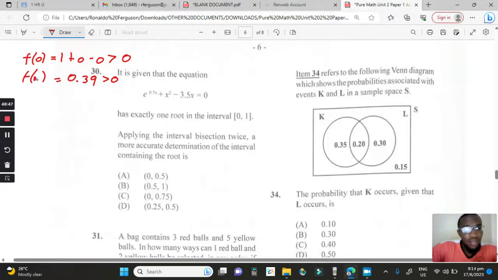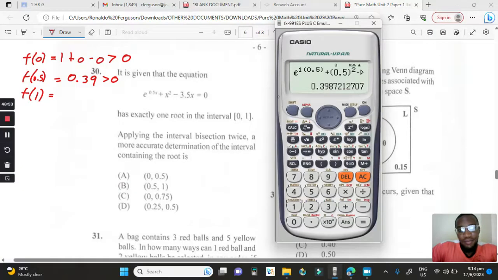That's the midpoint. And I'm going to put in f of 1 now. I even made this 0.5 times x, which was 0.5. So I've made some blunder either way.